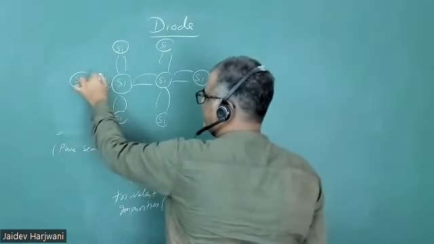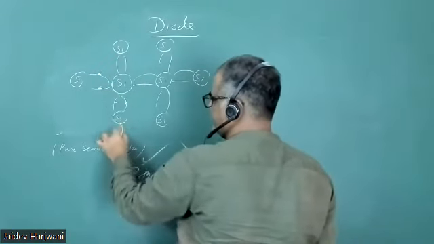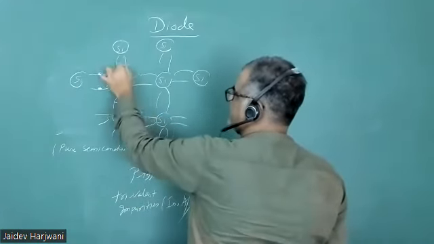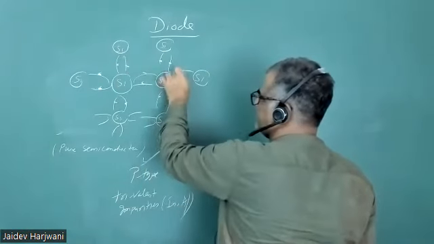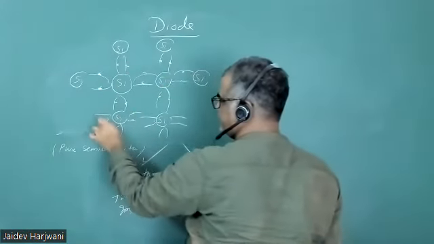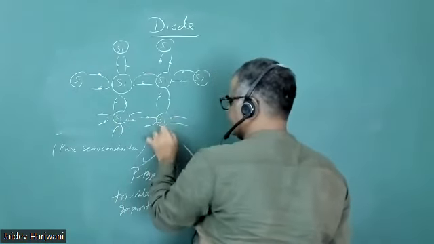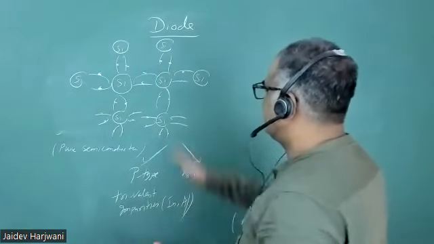So you have 1 electron of silicon and this neighboring atom electron. So here also you have 4 electrons. Now these all electrons are in the valence band.